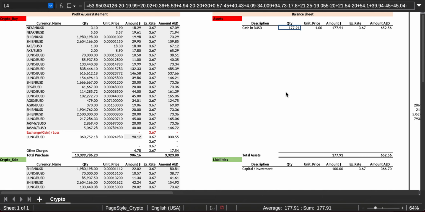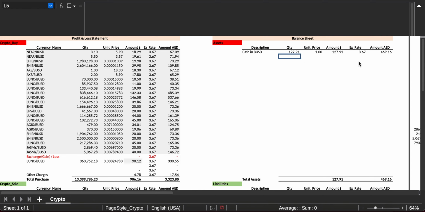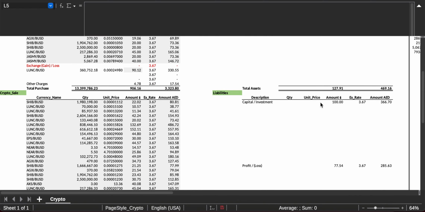Whatever we withdraw will reduce our capital investment. Suppose I decide to withdraw $50. So I will write minus 50 because my 50 BUSD will be reduced, and on the other side we also reduce 50 from here, minus 50.